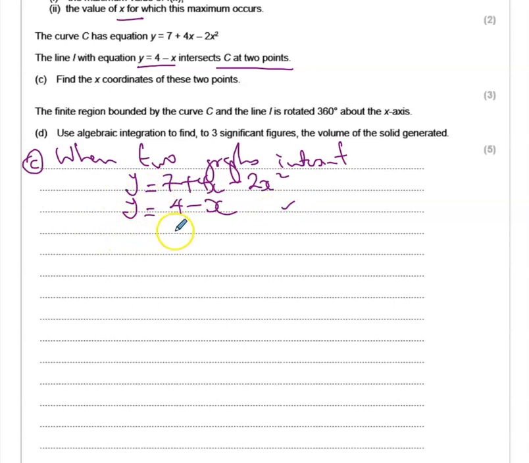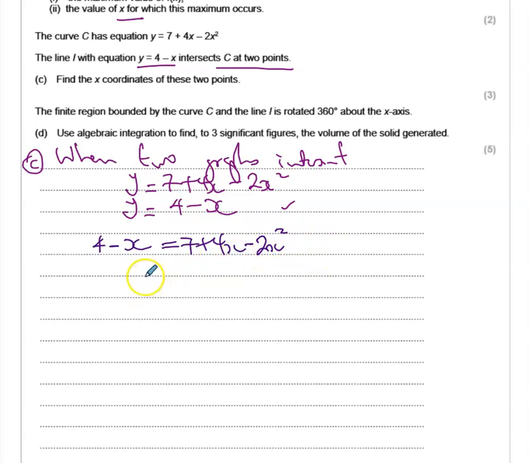To find that point, we want to look at the position where they are both equal. Because both equations have been written in the form y equals, we can safely rewrite them as 4 minus x equal to 7 add 4x minus 2x squared, because after all they are equal.